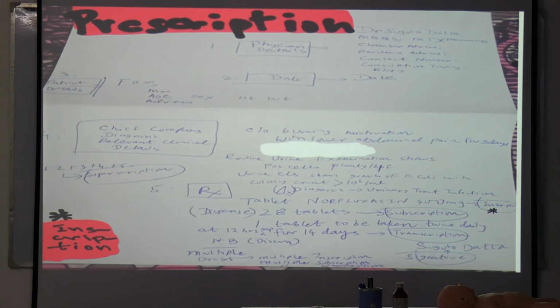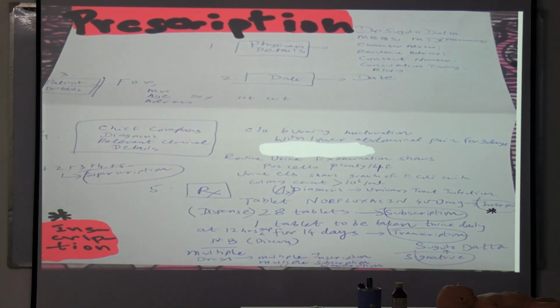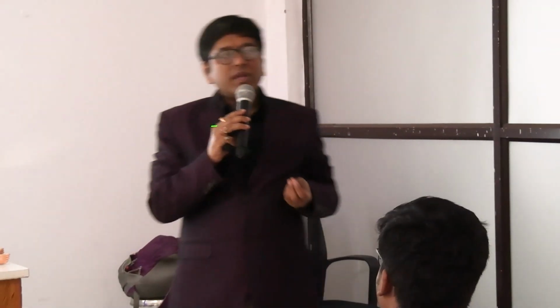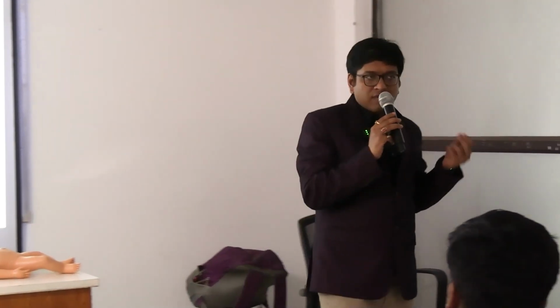Now very important point, this patient might be also suffering from fever because of urinary tract infection. This patient might be having an uncontrolled diabetes, for which you have to advise oral anti-diabetic drugs, otherwise the UTI will not heal. In that case this prescription will contain information regarding other drugs also.